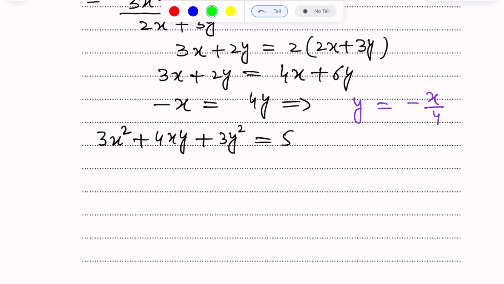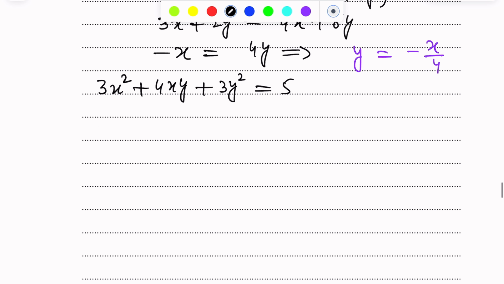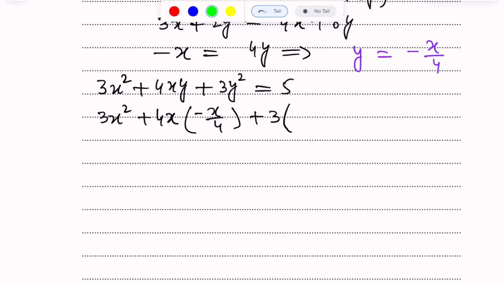Putting this value of y, we get 3x square plus 4x into minus x over 4 plus 3 into (minus x over 4) square, that is x square over 16, is equal to 5.